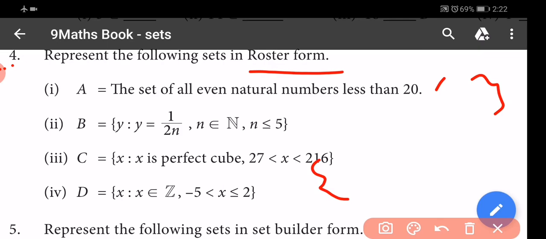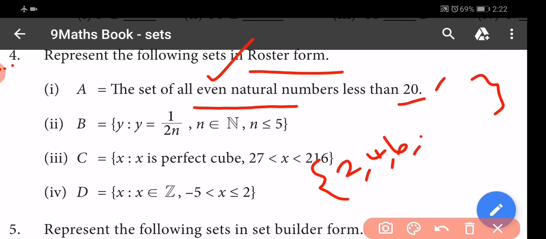The set of all even natural numbers less than 20. So you know even natural numbers. What are the even natural numbers? 2, 4, 6 and etc. up to less than 20 means up to 18. Does 20 come or not? Less than 20 means up to 18, so 20 is omitted.